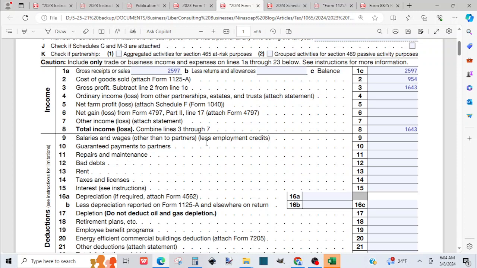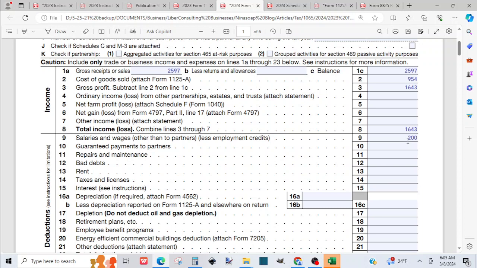If you are an LLC filing 1065, you, the partner working in the business, you are not an employee of your own business. But if you hire other people to work in your business, you'll pay them salary. So their wages will go on line 9. I'm going to use an example here and put 200.